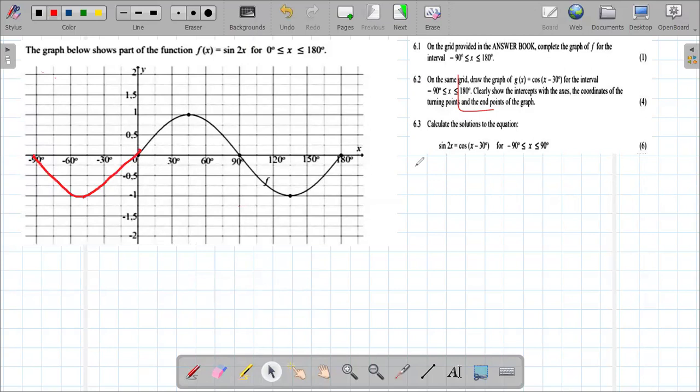Okay. The other question, this is for you guys, I'm telling you. On the same grid, sketch the graph for g of x equals cos x minus 30.